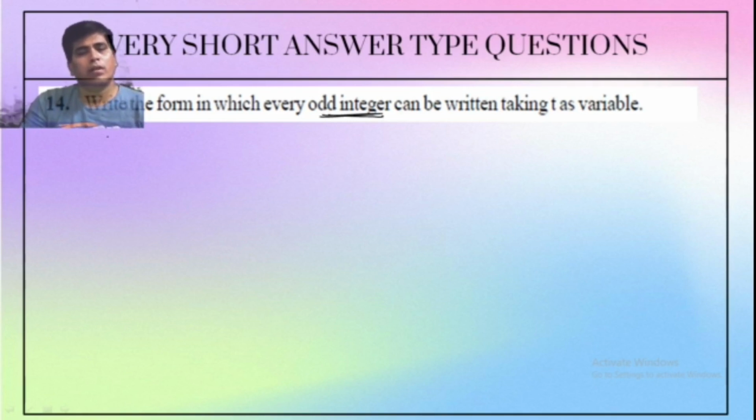When a number is divided by 2 and you get remainder 1, then only can we call it an odd number. Odd number means you get remainder 1.